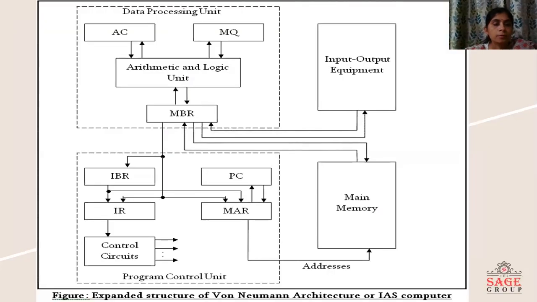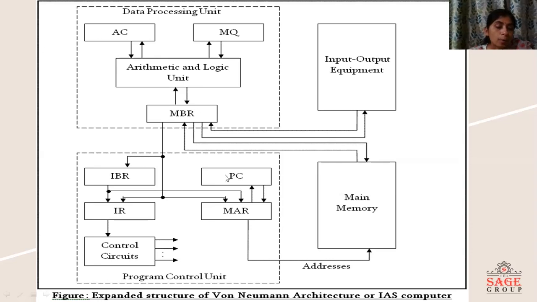We will take a few conclusions from this diagram. The accumulator and multiple quotient hold the results of the arithmetic logic unit. The memory buffer register or memory data register holds the operands to be executed, and the addresses are held by the memory address register.